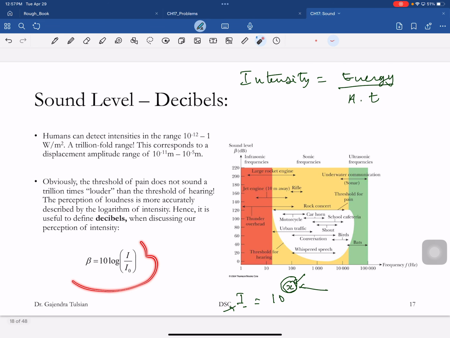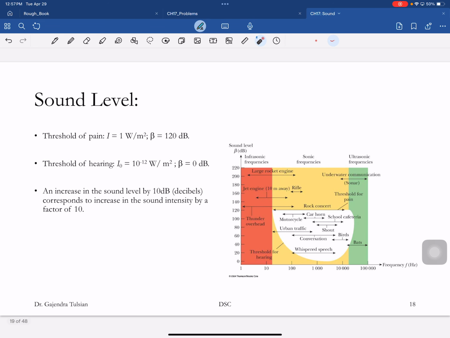So that's why we define the decibel scale. The threshold of pain is 1 watt per meter square, which is 120 decibels on the decibel scale. The threshold of hearing, the softest sound you can hear, is 10 to the minus 12 watt per meter square, which is 0 decibels.